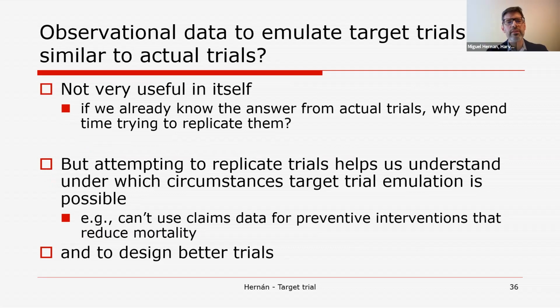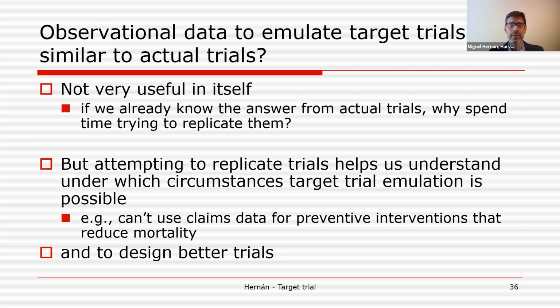But this business of using observational data to emulate target trials was really not very useful in itself, right? Because if we know the answer from the trials, then why spend time trying to replicate them? We do that because by replicating trials that already exist, we understand better under which circumstances target trial emulation is possible.